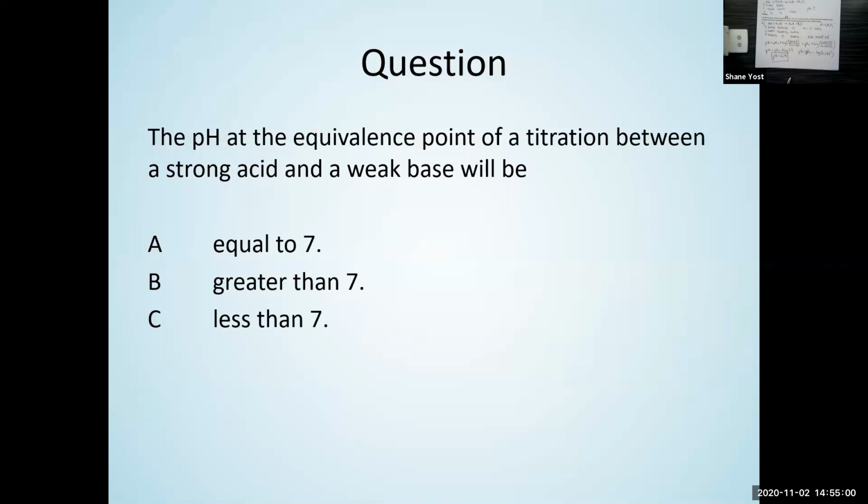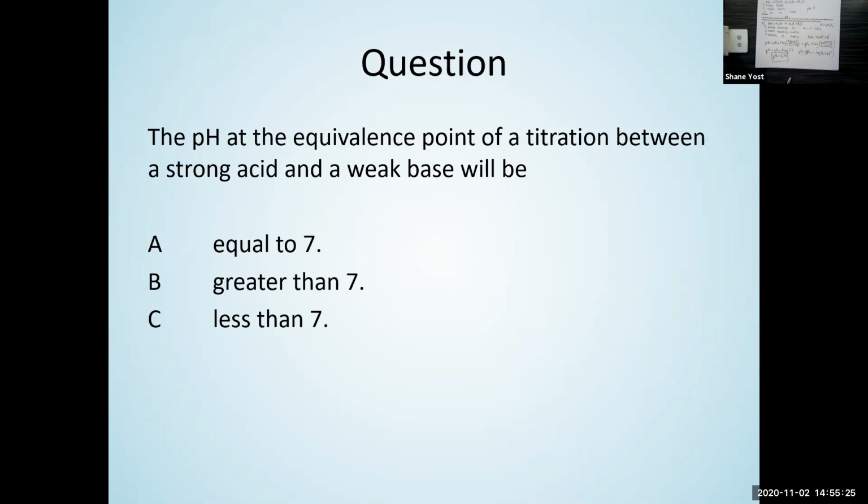All right. The pH at equivalence point of a titration between a strong acid and a weak base will be, what do people think? So you have a weak base in solution, you're titrating it with a strong acid. You think that pH is going to be equal to 7, greater than 7, or less than 7? Less than 7, right?